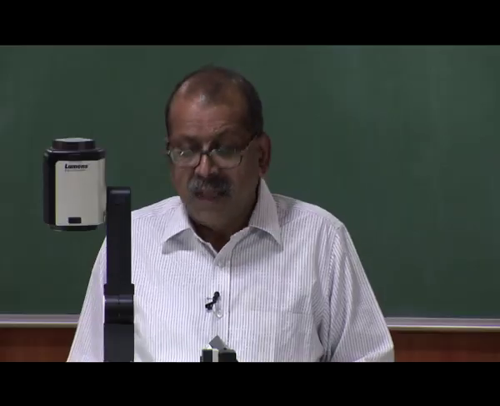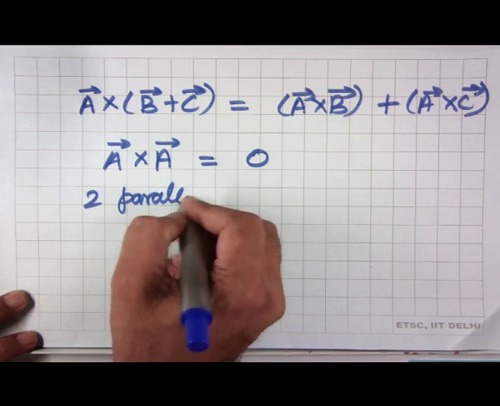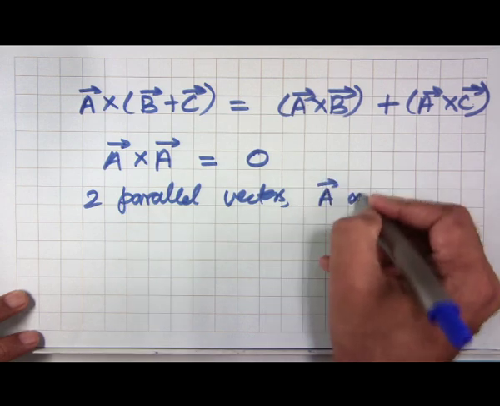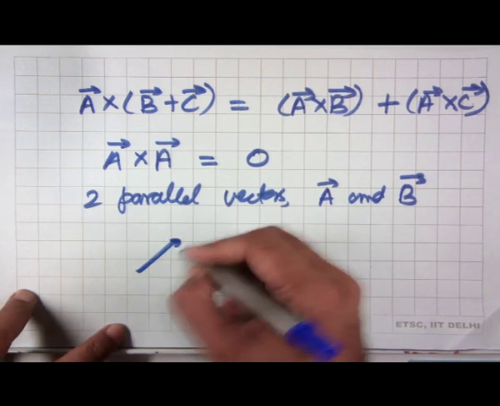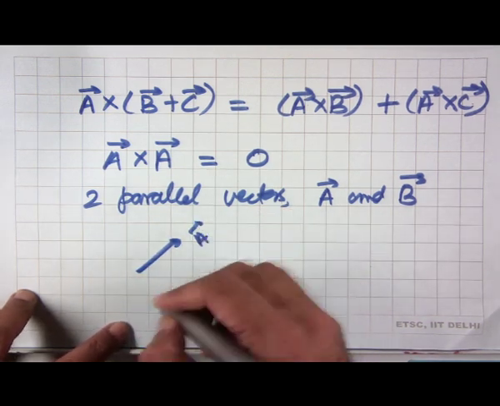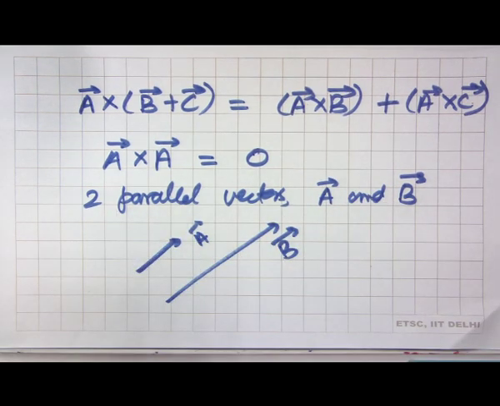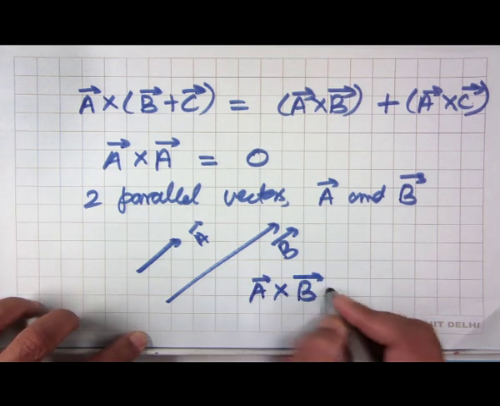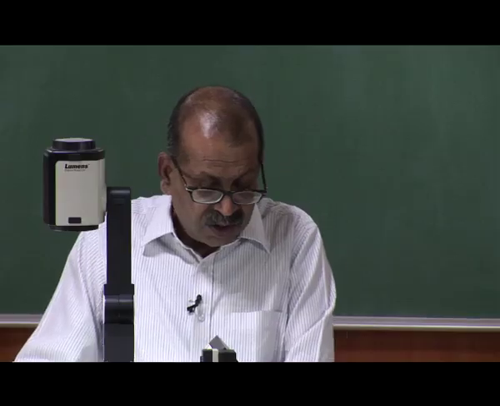Not only that, if we have two parallel vectors A and B, then also A cross B will be equal to 0, because the angle between these two vectors is 0.